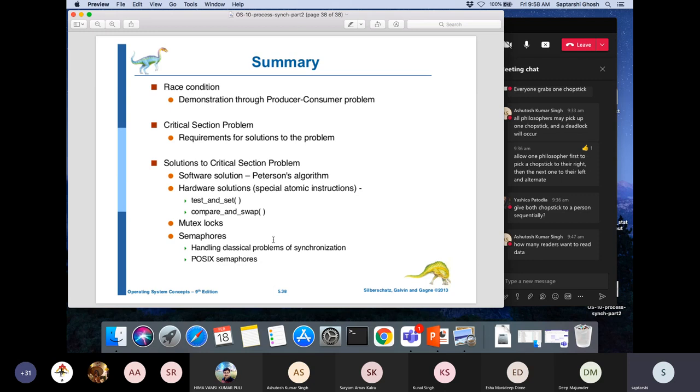The questions would be targeted to test your understanding of the concepts discussed in class. It's not about memorization. Some short definitions might be asked, but we would not ask you to describe a huge algorithm. So short answer questions, targeted to test your understanding of the concepts that have been covered.